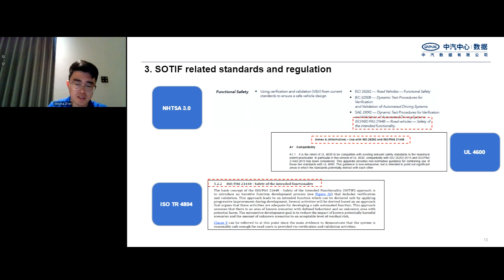These reports or standards either talk about the relationship among functional safety, SOTIF, and cybersecurity, or provide approaches to help you conduct SOTIF analysis.